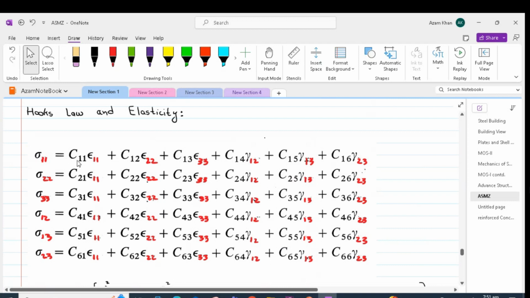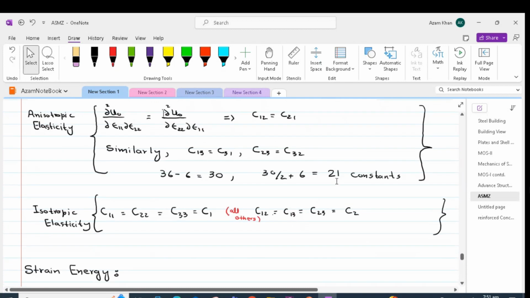The diagonal constants are C11, C22, C33, C44, C55, and C66. So if we count the independent coefficients, we will end up with 21. Thus, we can subtract the 6 diagonal from 36 constants, we get 30, and 15 out of 30 are dependent.